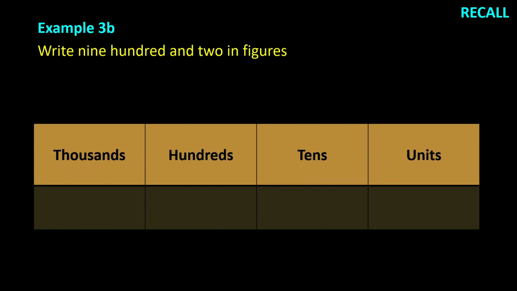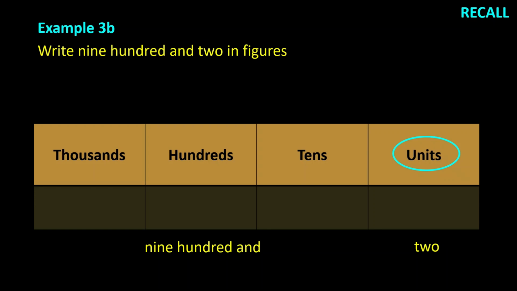Let's take a look at another example. We are required to write 902 in figures. Again, we're going to split this into parts. So we have 902. Notice that there are no thousands and no tens.